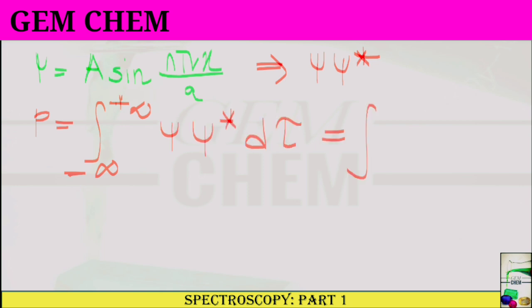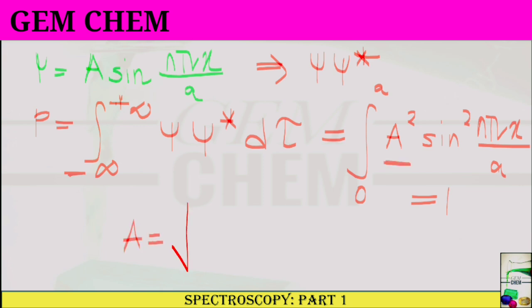On integration we are going to get a square sine square n pi x by a, and probability is always equal to 1. So in this case the normalization constant, that is a, comes to be root over 2 by a. This is our normalization constant.